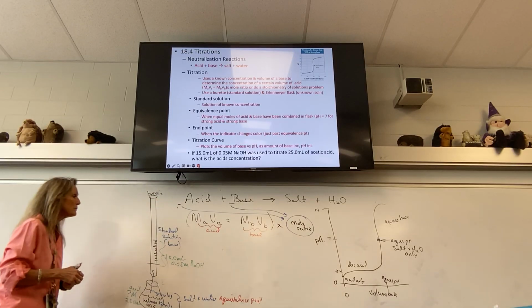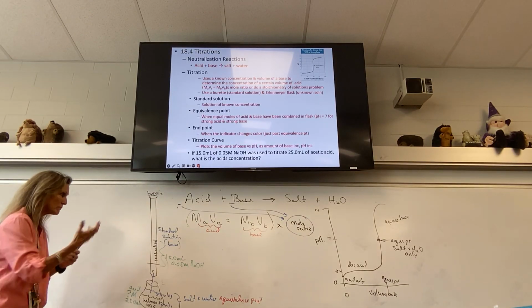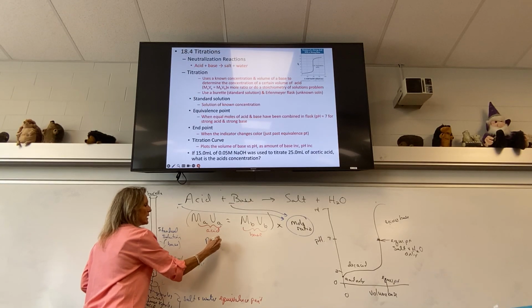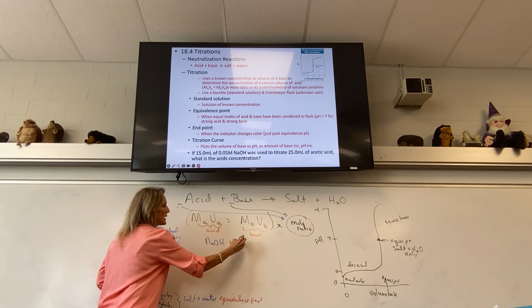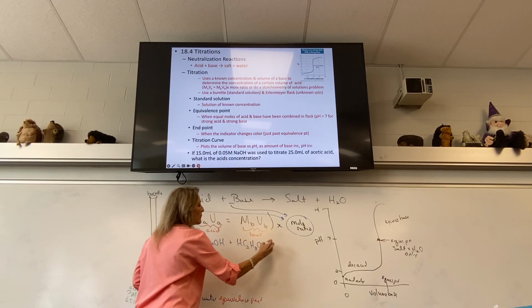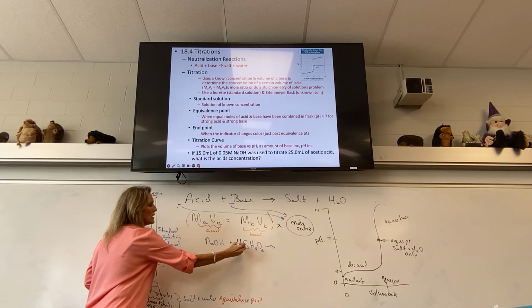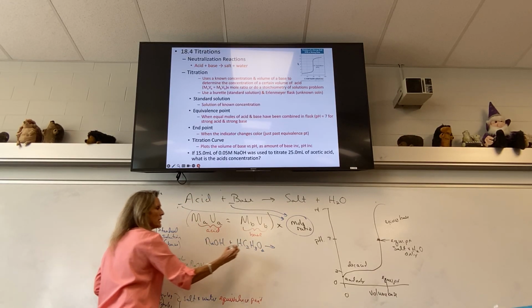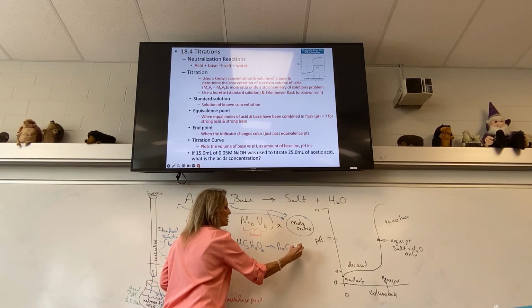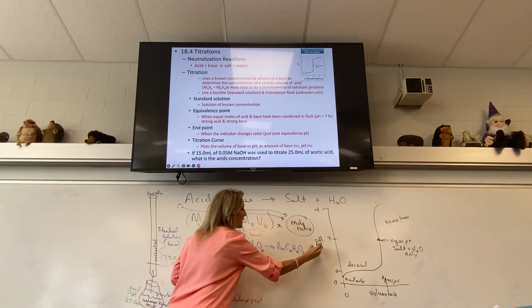Okay, so I'll squeeze this in here. So we have sodium hydroxide plus acetic acid forming, okay, so our sodium and hydrogen are going to trade places to make our salt, which will be sodium acetate, and then water.